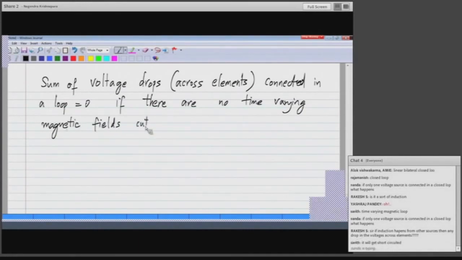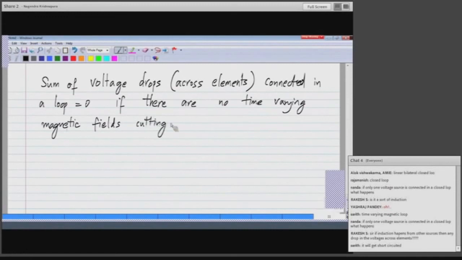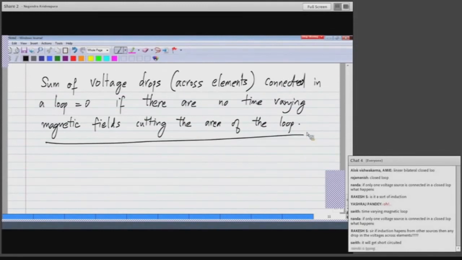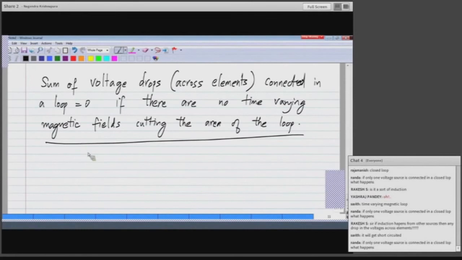So if you look at this, what I've done is to go this way. If I go in a clockwise loop, I always have minus first and plus next and so on, in this direction. I'm always going in this direction, and then I sum all the voltages, it becomes 0.